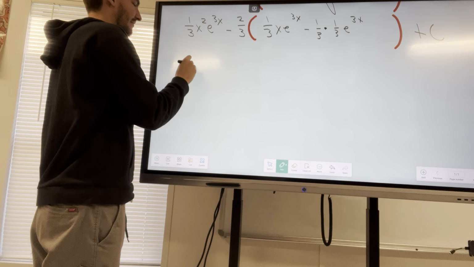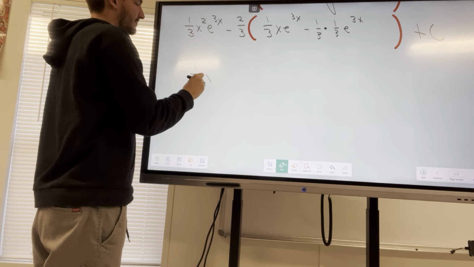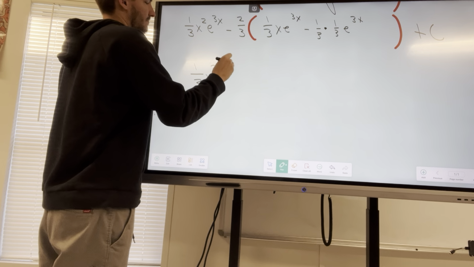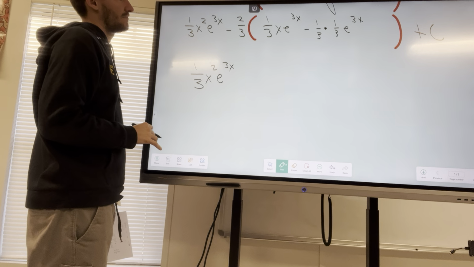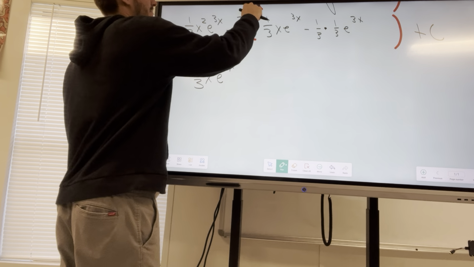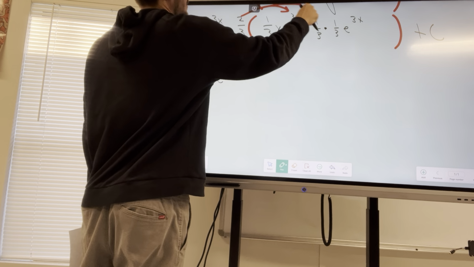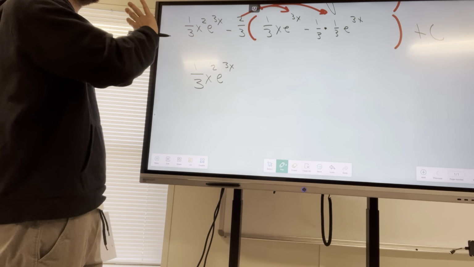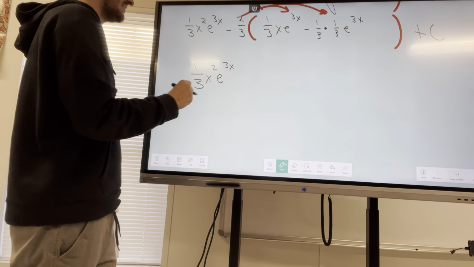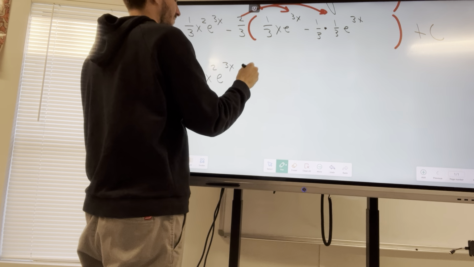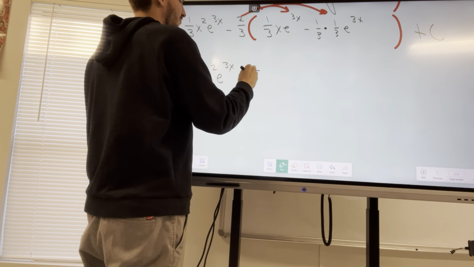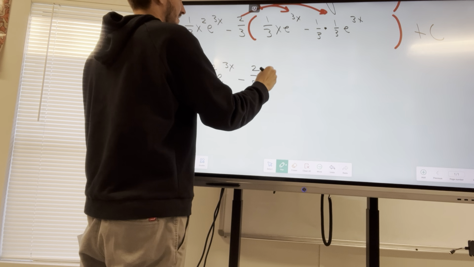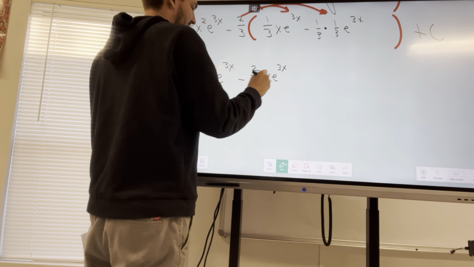This first piece is my favorite. Don't have to do anything. This piece is going to need to be distributed: -2/3 to both of my remaining pieces. That's going to make this first one -2/9 x e to the 3x.